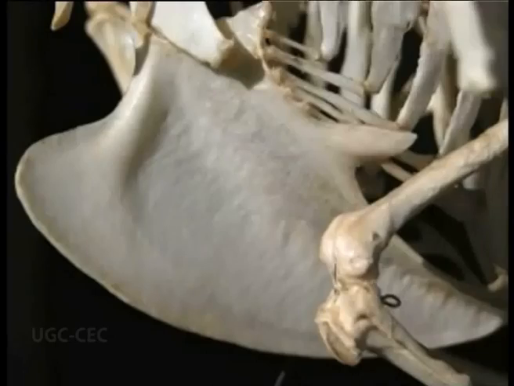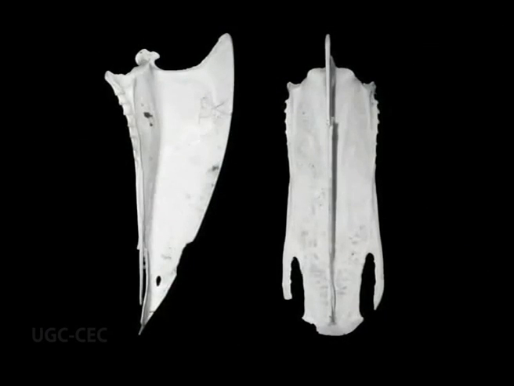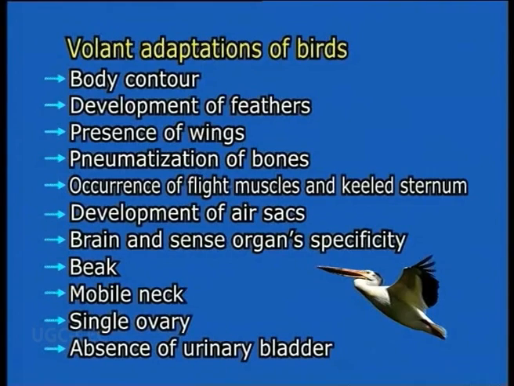Each wing possesses specialized muscles called pectoralis major and pectoralis minor. The sternum or breastbone is well developed and bears a median keel or carina for attachment of pectoralis muscles.